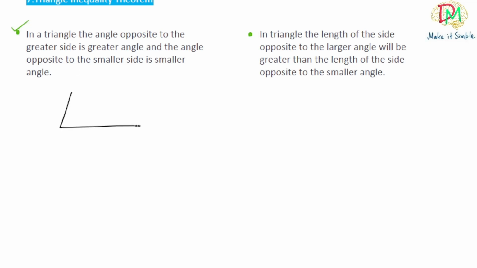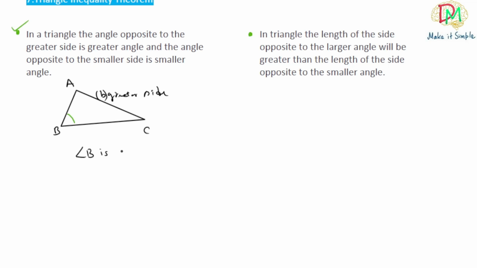If we consider one triangle, from this first statement, in a triangle the angle opposite to the greater side, so this is the greater side. Let's consider this triangle as ABC, and here the side B is greater, so we can say that angle B is the greater angle.